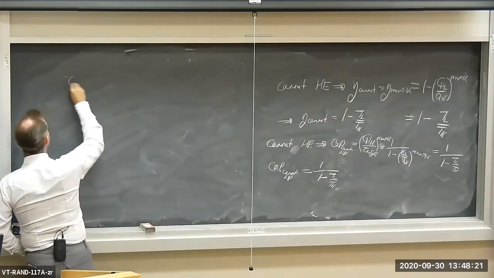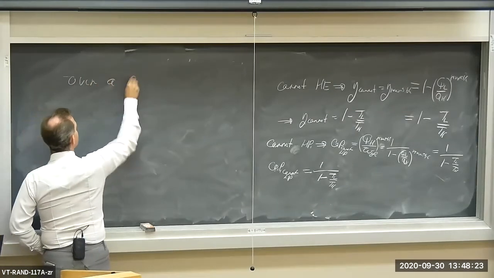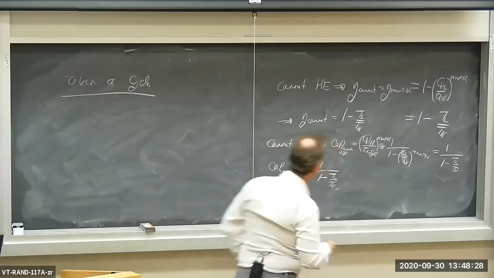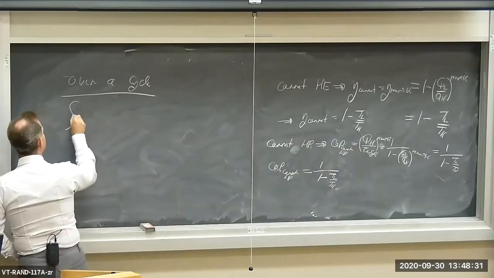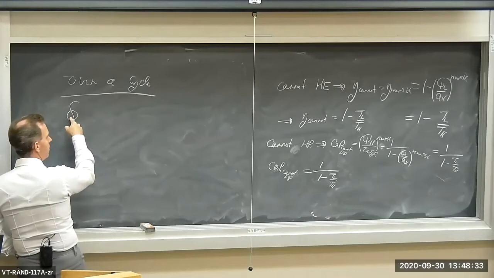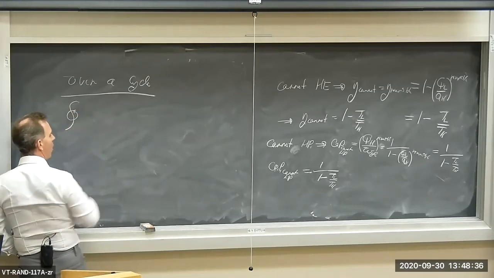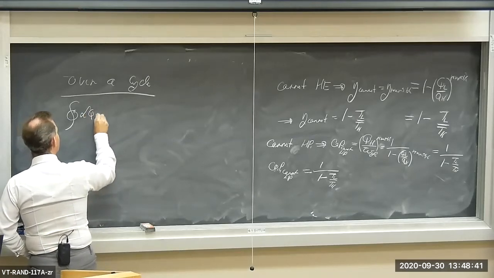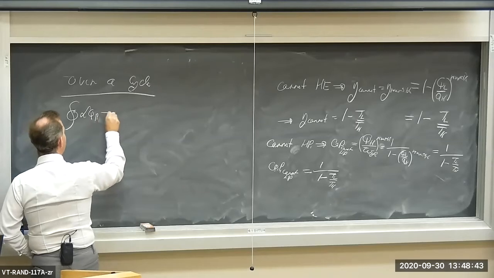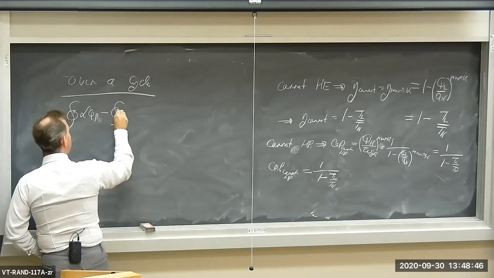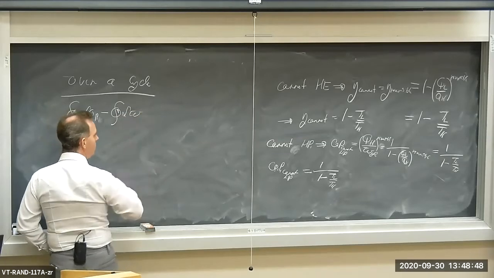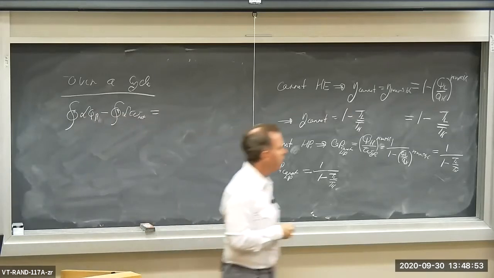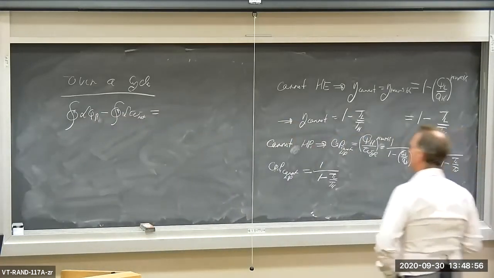So over a cycle, integral. See this loop here on the integral? That means a cyclic integral over a cycle. Cyclic integral of del Q reservoir, or del QR, minus cyclic integral of del W net, is equal to the cyclic integral of dE.